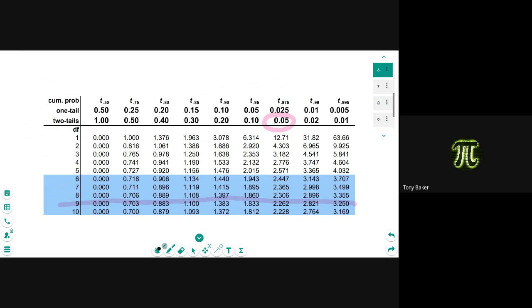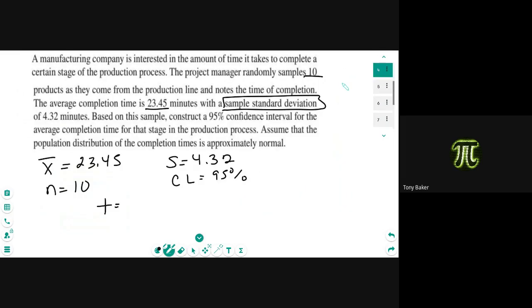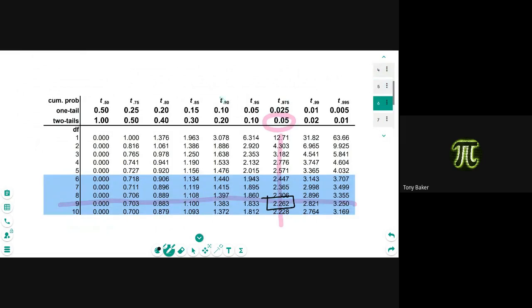So it's 0.05. I thought it was 0.10. No, 95% it said. We're not looking up here. That'd be 90%. Okay, got it. Don't look up here. That's the representation of it. And remember, we're looking at the two tail, not the one tail or anything above it. We'll talk about the other ones next week.